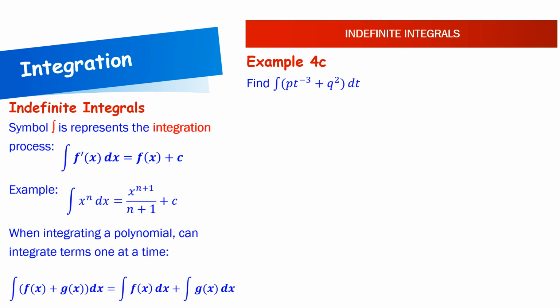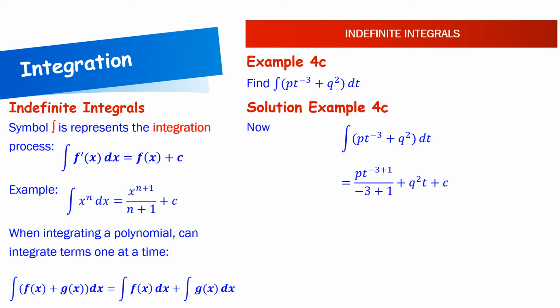Now let's have a go at another example. This integral can be expressed as shown. pt to the minus 3 integrated becomes pt to the minus 3 plus 1 all over minus 3 plus 1.